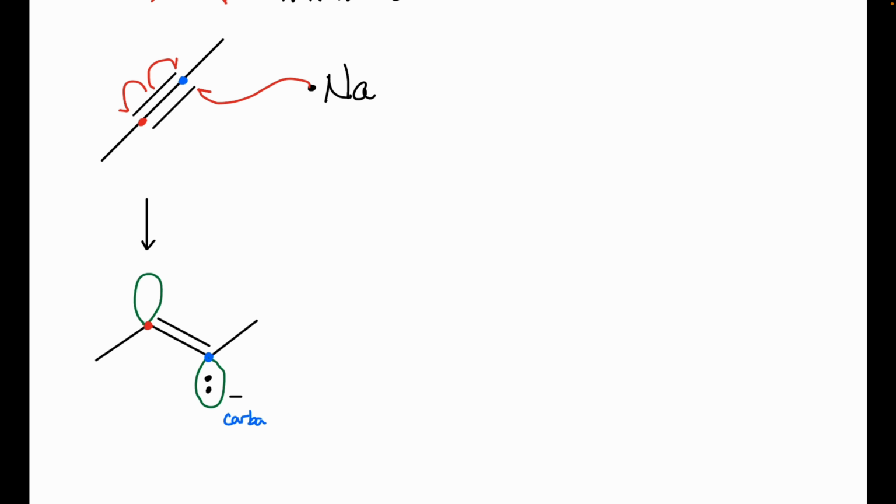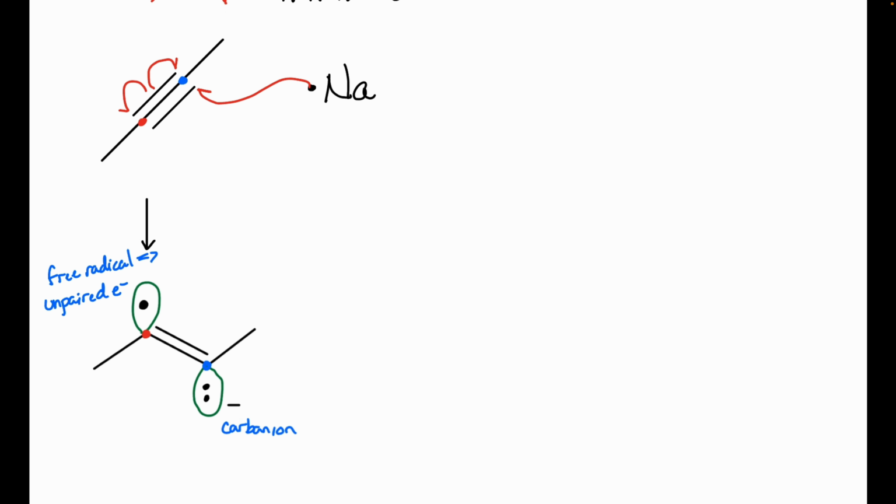This is a carbanion. The other one just has 1 unpaired electron here, and this is what we call a free radical. We'll talk about a few reactions that involve free radicals. But suffice it to say, they're pretty mad. Electrons don't like to be unpaired.